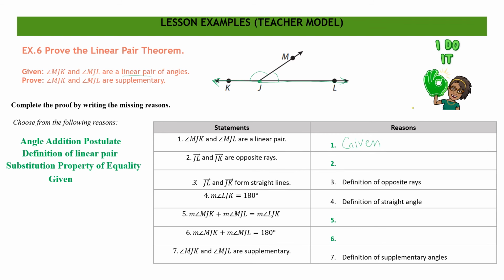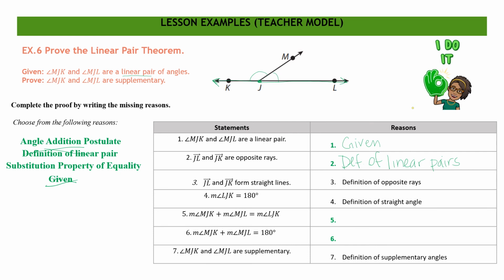Well, I just defined for you what opposite rays create, and those opposite rays create linear pairs. We already used given, so now we can use the definition of linear pairs. Okay, so we got that one out of the way.